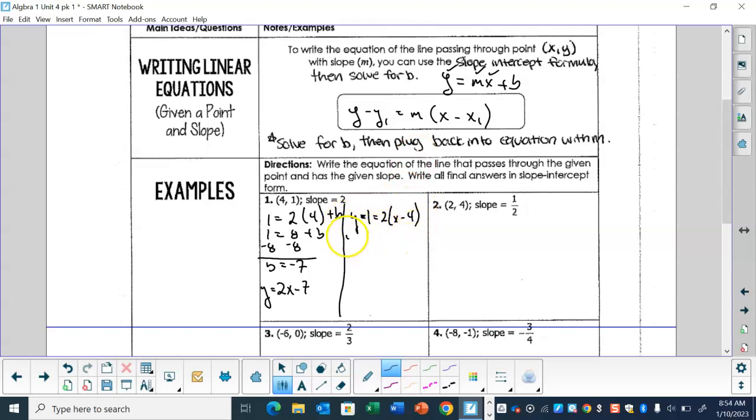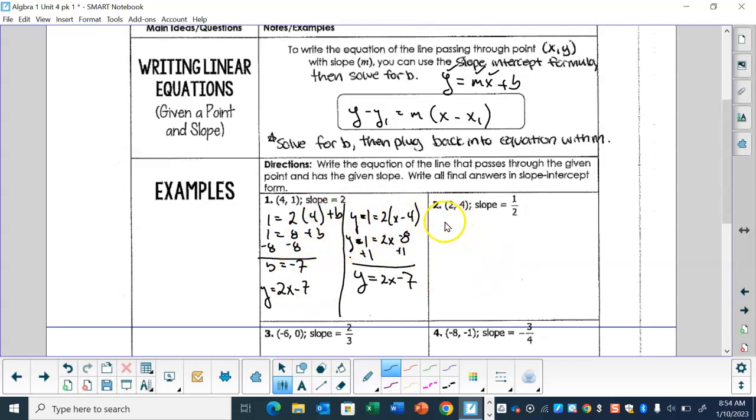Distribute: 2x minus 8. Then add 1, and we end up with y is equal to 2x minus 7. You don't have to plug it back in. Both ways are effective, so you can choose which way you like. If you like substituting back in, that's fine.